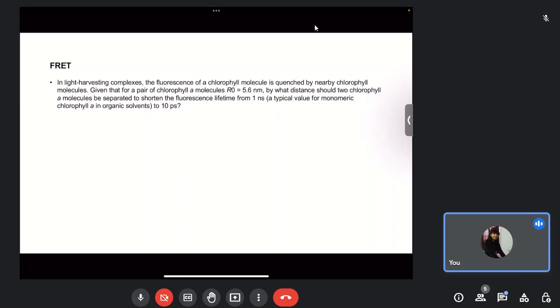In light harvesting complexes, the fluorescence of a chlorophyll molecule is quenched by nearby chlorophyll molecules.